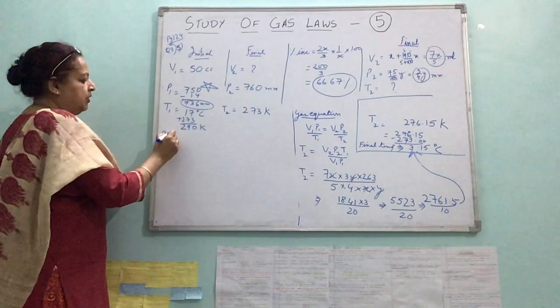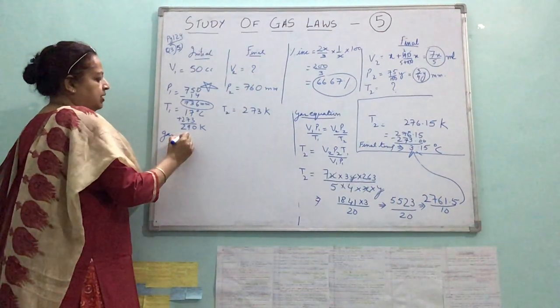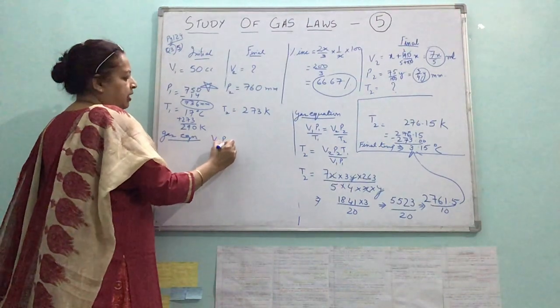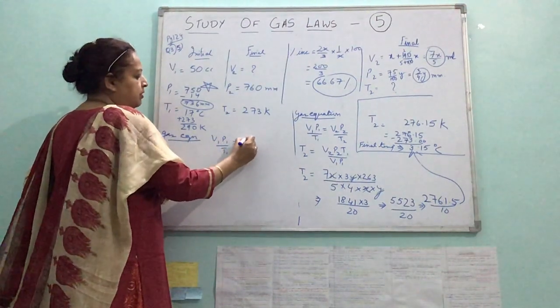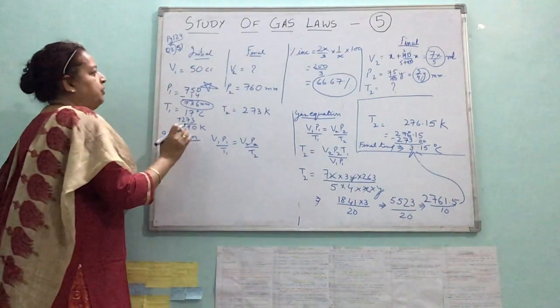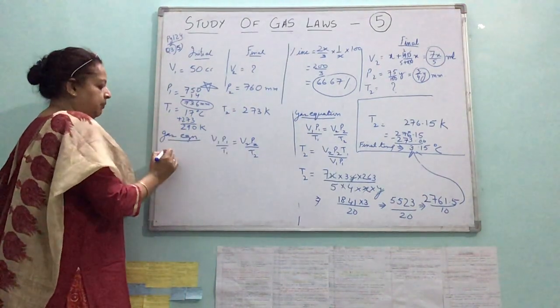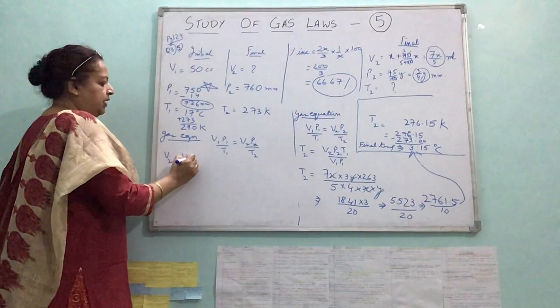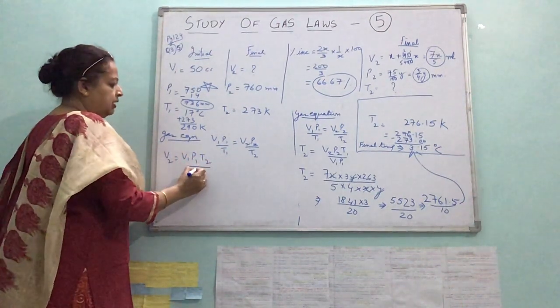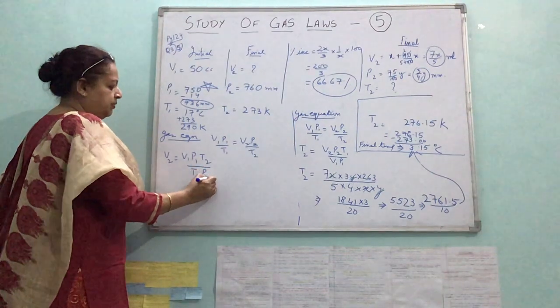Gas equation, because both temperature and pressure have changed. Gas equation: V1 P1 upon T1 is equal to V2 P2 upon T2. I have to find V2, so I'll cross multiply. So V2 is V1 P1 T2 upon T1 P2.